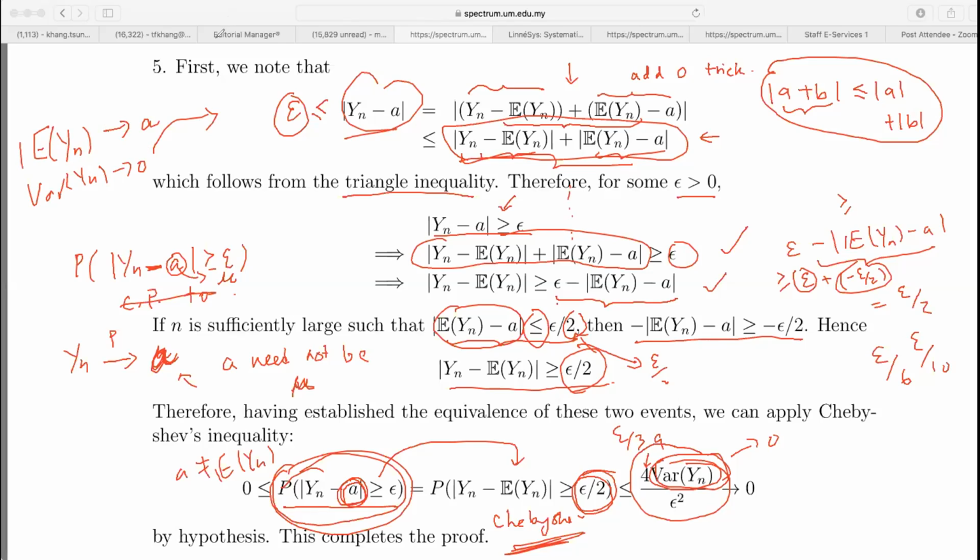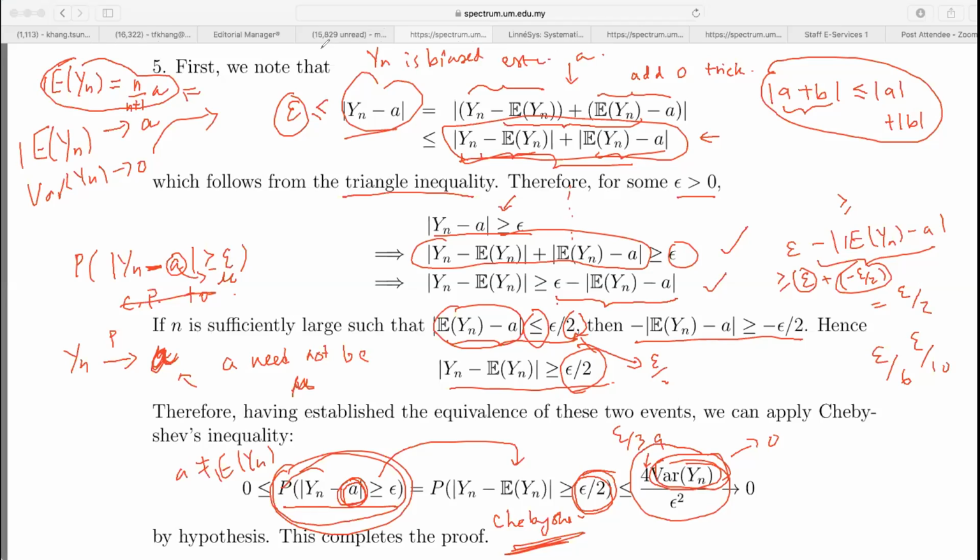Because sometimes your expectation of Yn is not exactly equal to the parameter. It may be something like this. This means that your Yn is a biased estimator of your a.